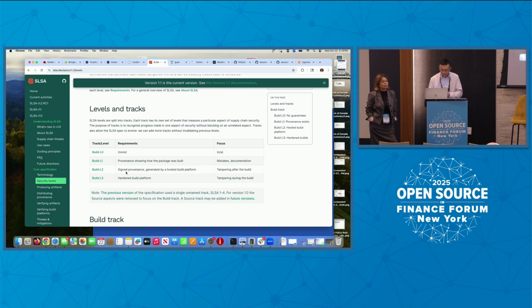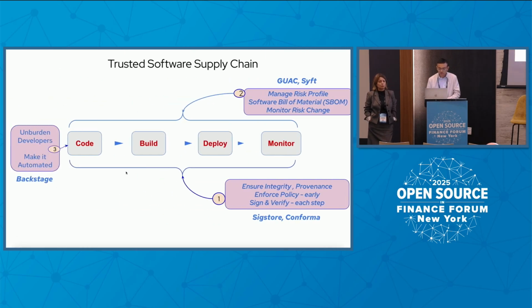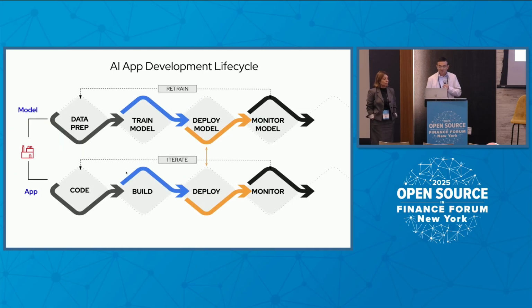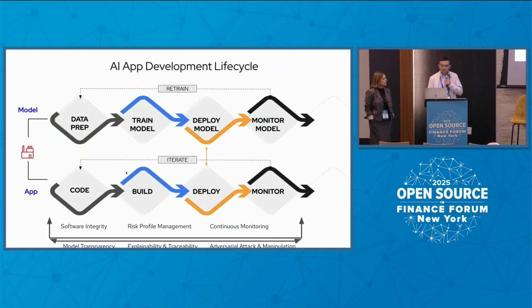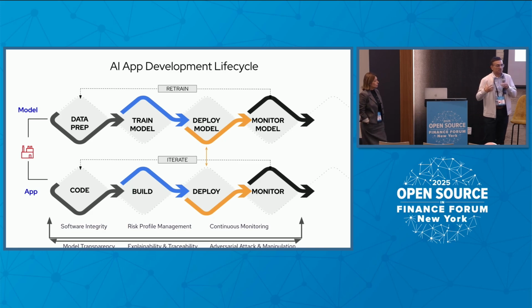Now, all this applies to your software development lifecycle, but your model development lifecycle is not that different. Of course, we are all consuming models from either Meta or Granite, but then we all know that we need to add some domain-specific knowledge to retrain or create vector embeddings.